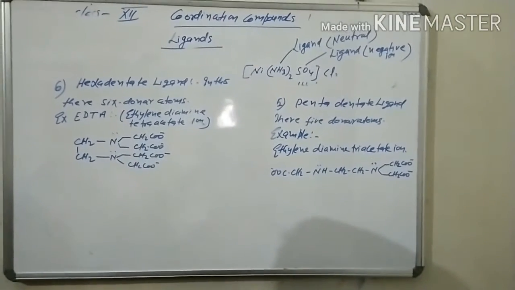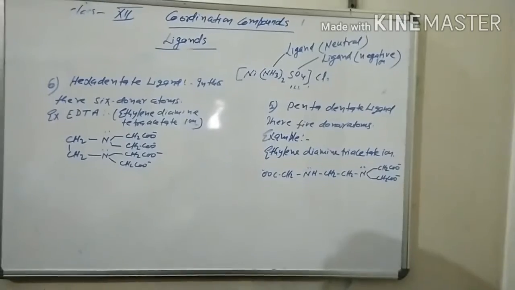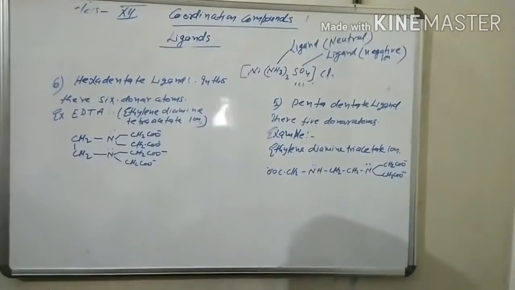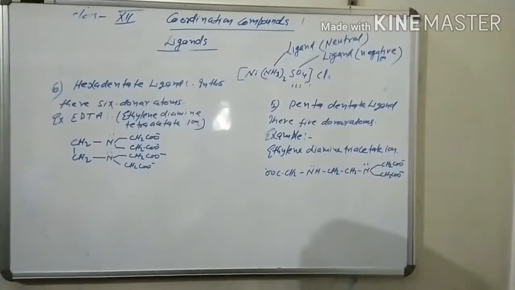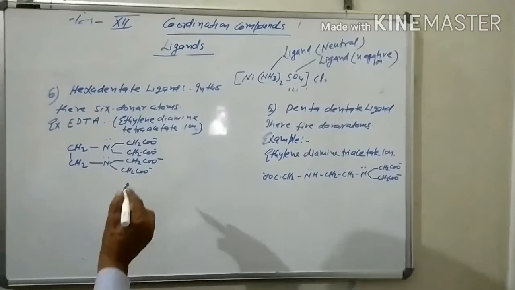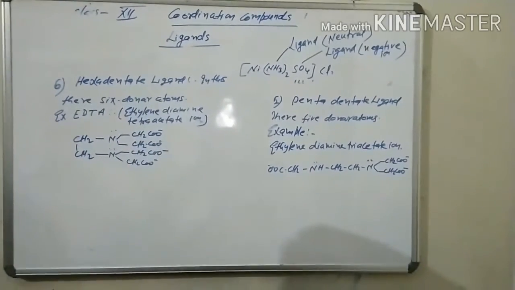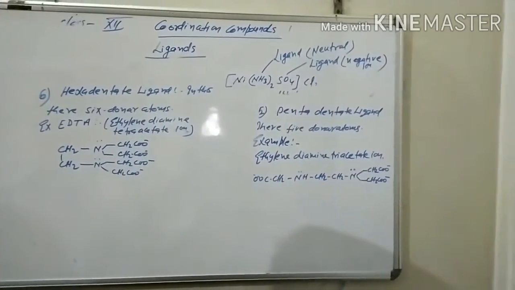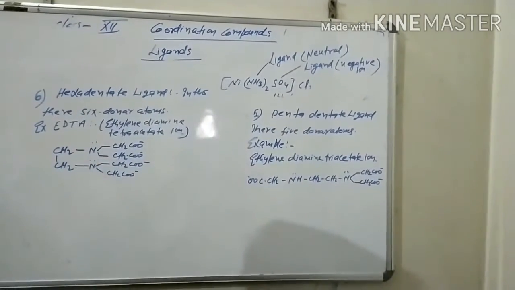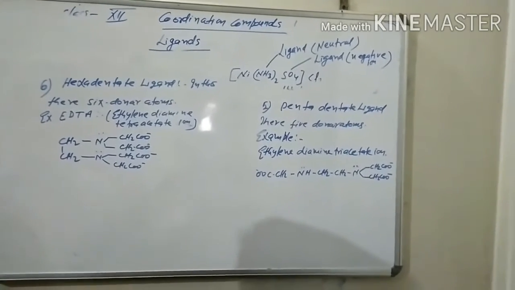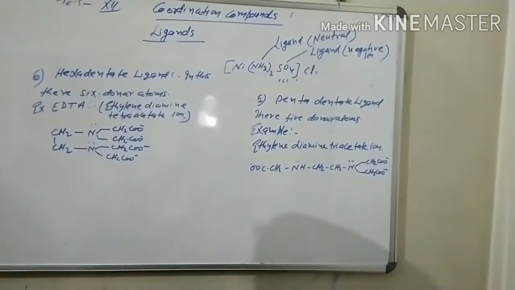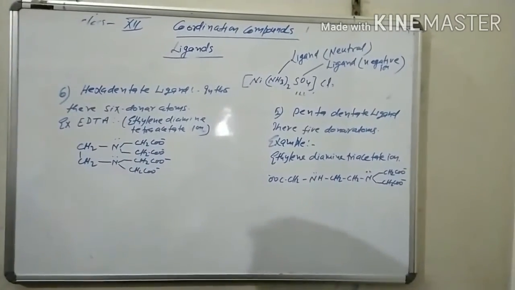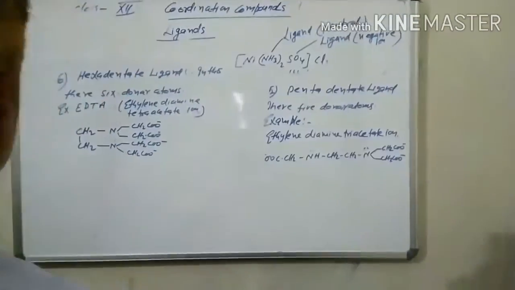Hence, ethylene diamine tetraacetate ion, here is CH2 ethylene. There are 2 nitrogen atoms here, amino group, and with each amino group, 2 acetate groups are joined. So on the whole, there are 4 acetate groups. So tetraacetate ion, double nitrogen is diamine and one ethylene group is ethylene. Ethylene diamine tetraacetate ion.